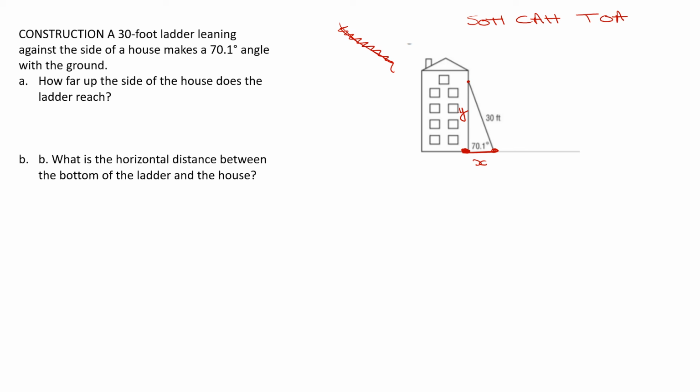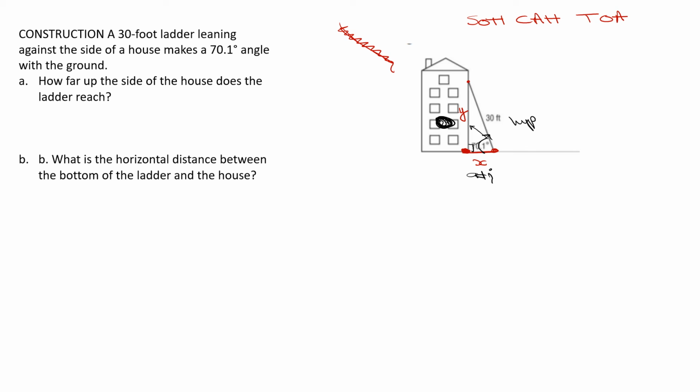Now first of all, since the diagram is given to you, label it. This is the angle, the side which is opposite to the angle is said to be the opposite side, that is O. The side which is opposite to the 90 degrees is said to be the hypotenuse, and the remaining side is our adjacent side.